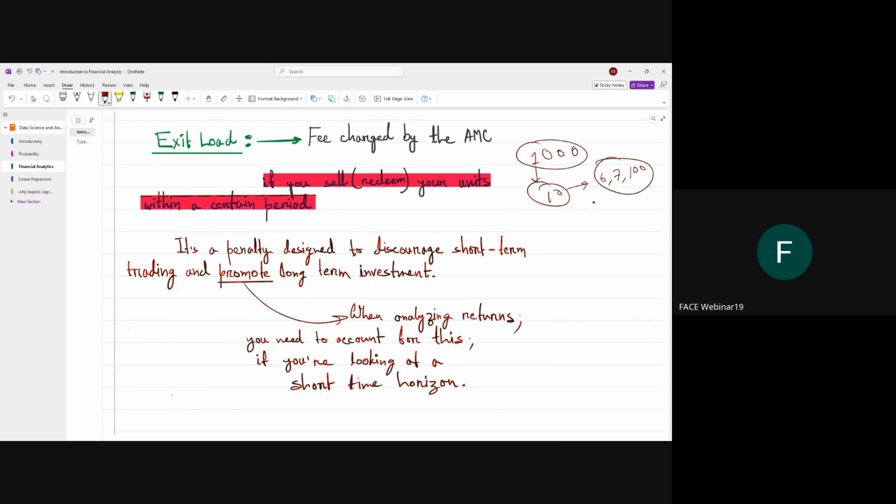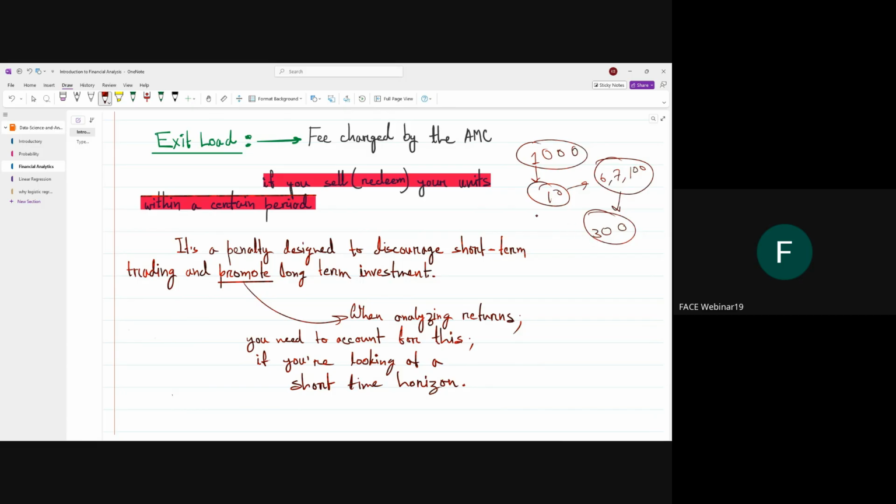After they take their money out, the AMC still has these units. So what happens to those units? Maybe after 10 people left, you have 300 units extra.